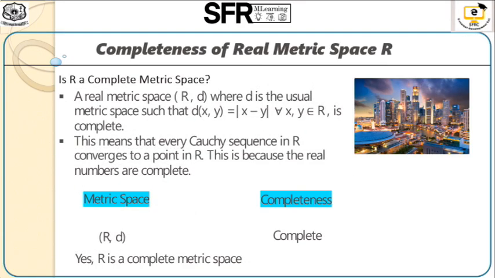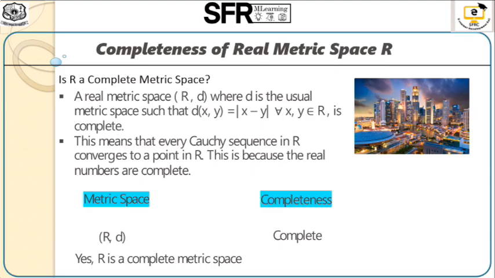Next, let us check whether the real line R is a complete metric space or not. This is one of the basic examples for a complete metric space. Let us consider the real space R along with the usual metric, that is D of x comma y equal to modulus of x minus y for all x and y belonging to R. This space will satisfy all the conditions for a complete metric space.